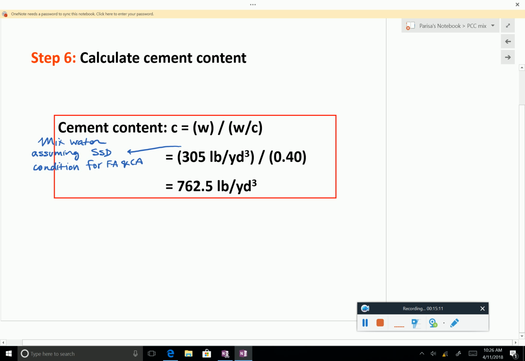This was in a table. We had MSA, slump, and then we found this. And if you know water cement ratio and you know how much water, then you can calculate the amount of cement.